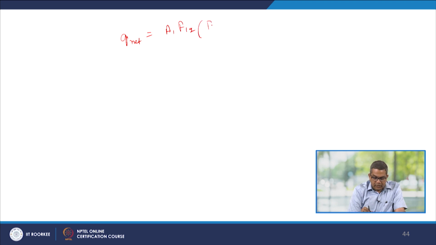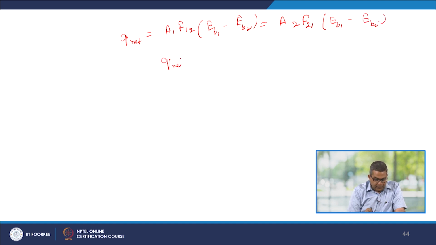Now the radiation shape factor can be computed for different situations and then used with the equation. So it can be represented as Q net is equal to A1 F12 (Eb1 minus Eb2), which is equal to A2 F21 (Eb1 minus Eb2).